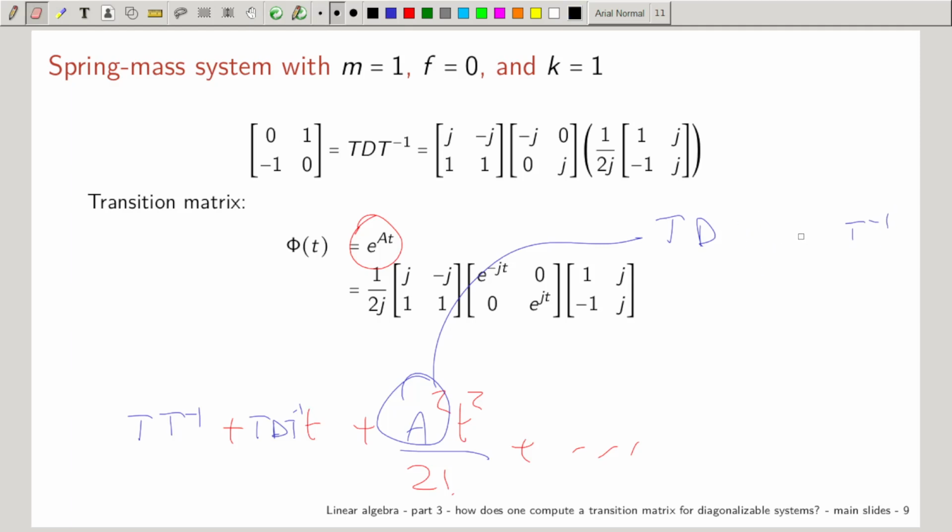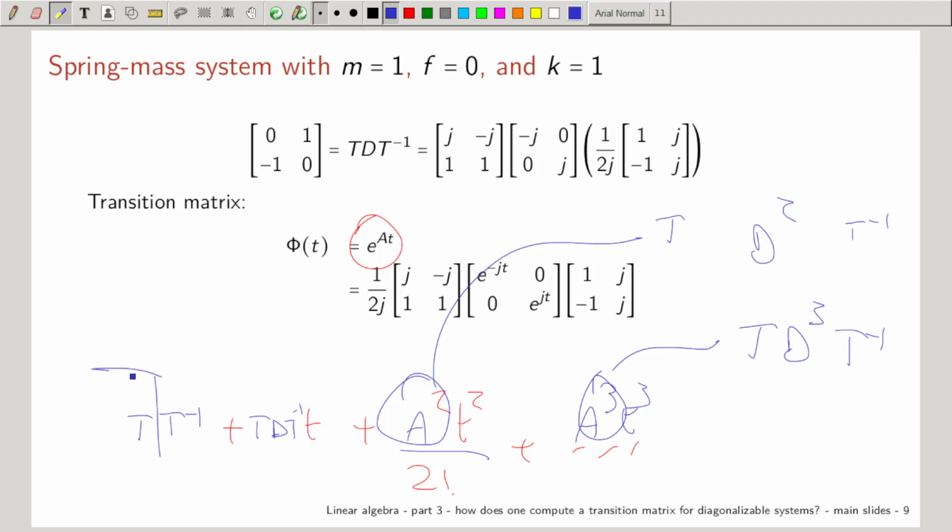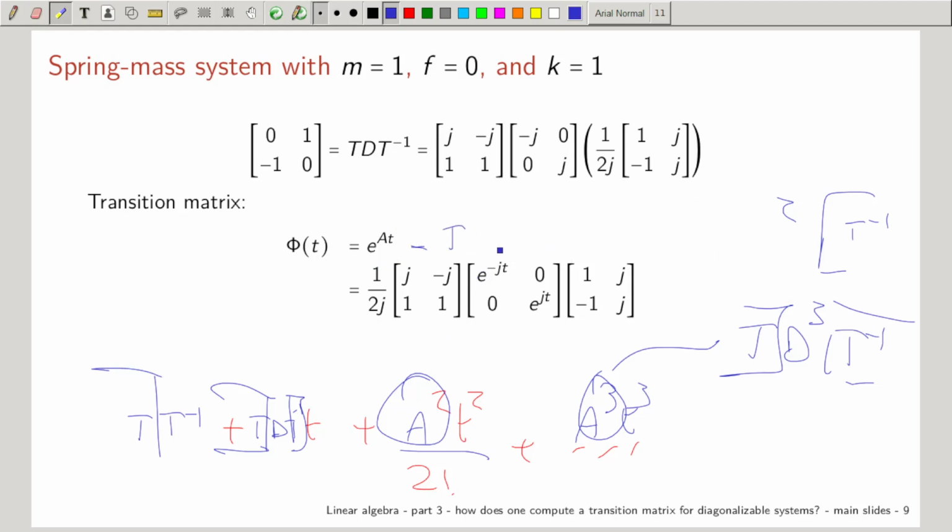That means D squared with T^(-1). A cubed t cubed is going to be D cubed with T^(-1). Do you see it? At this point, all the left T's I collect them. All the right T's I collect them. And what do I get? I get that this one is going to be T e^(Dt) T^(-1).